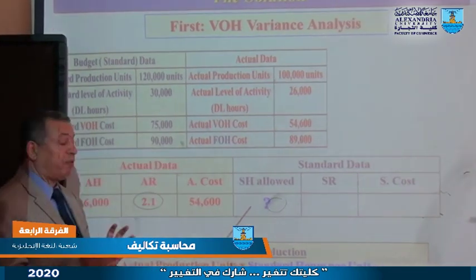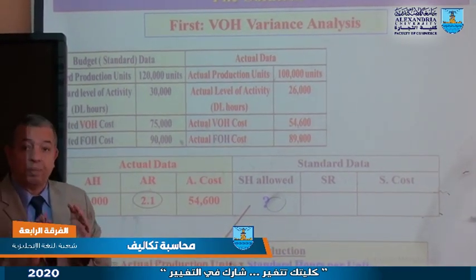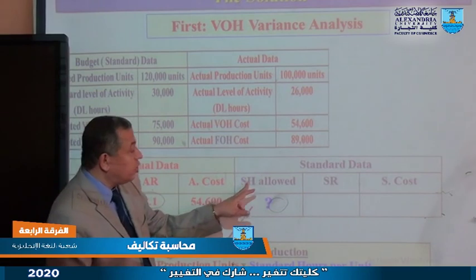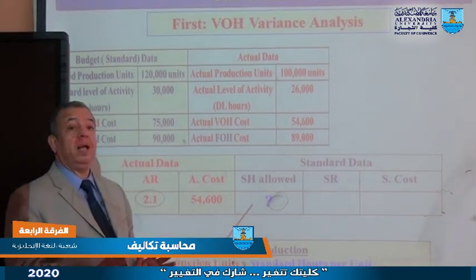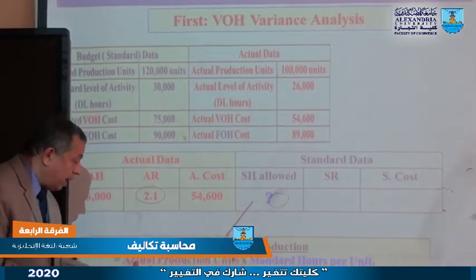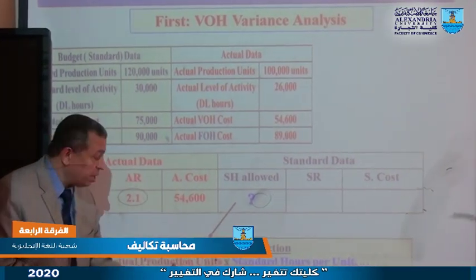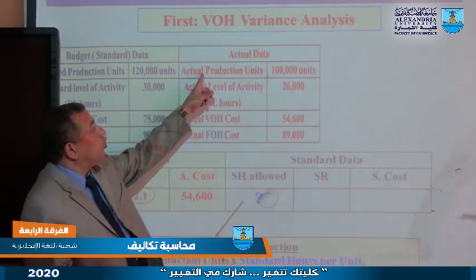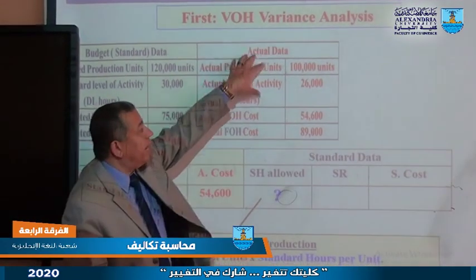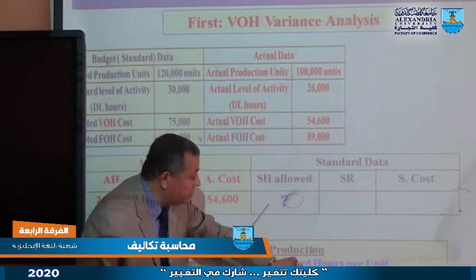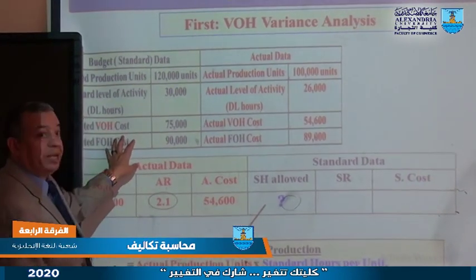Again, your first problem here is how to calculate standard hours allowed. The equation is actual production units times standard hours per unit. Actual, I will go to the actual side. Standard, I will go to the standard side.